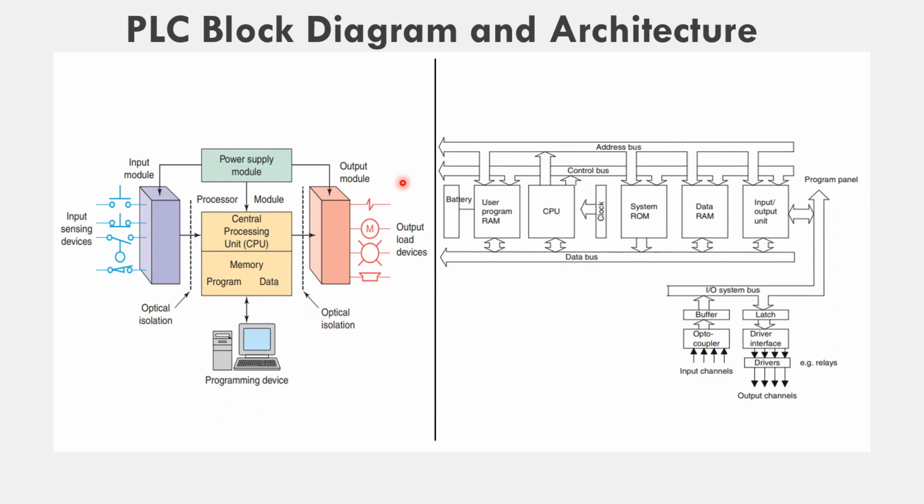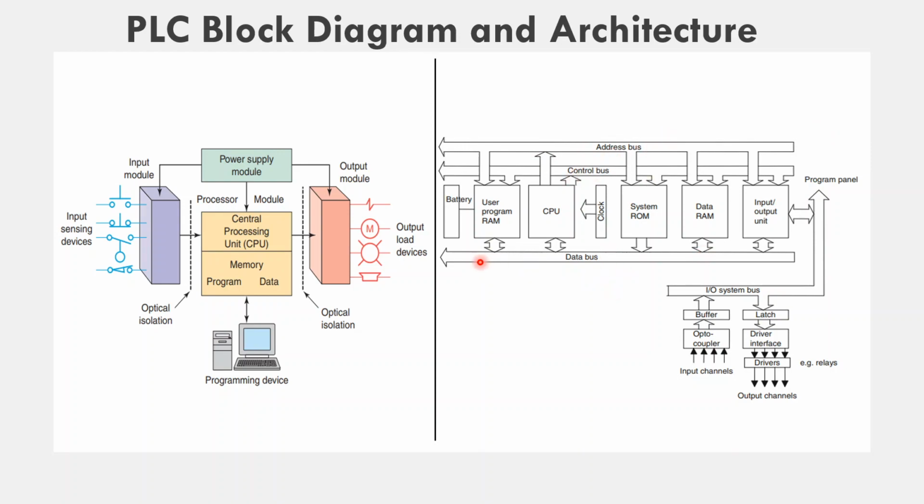So this is the block diagram of the PLC, and this one is the architecture of the PLC. Here we have the CPU with RAM, internal battery, clock input, system ROM for the program, data RAM to store the running variables, and input output units, and all these units are interfaced with the CPU on the common address bus and the control bus.